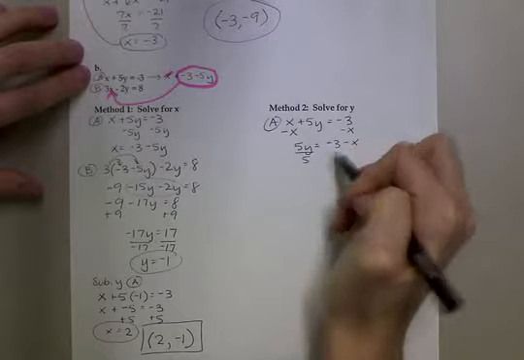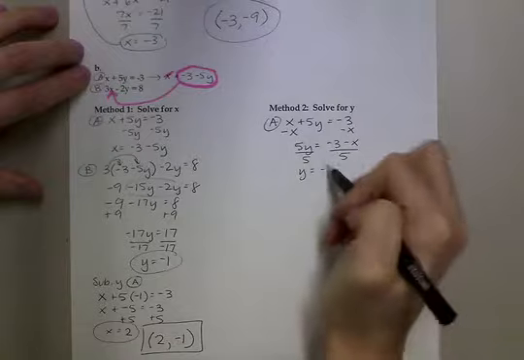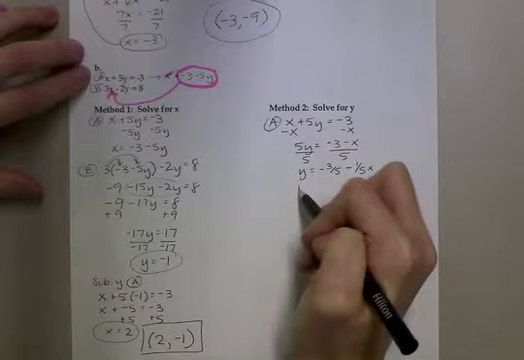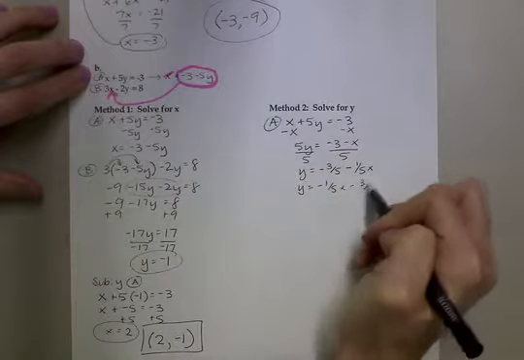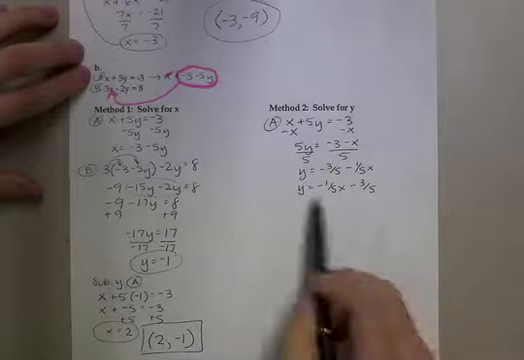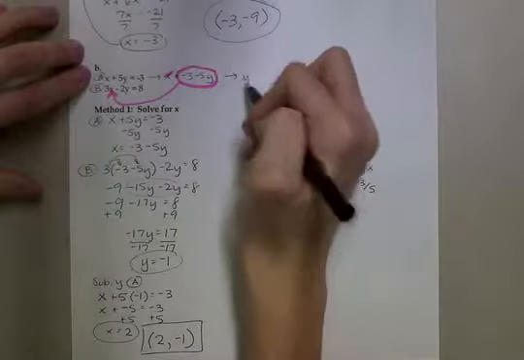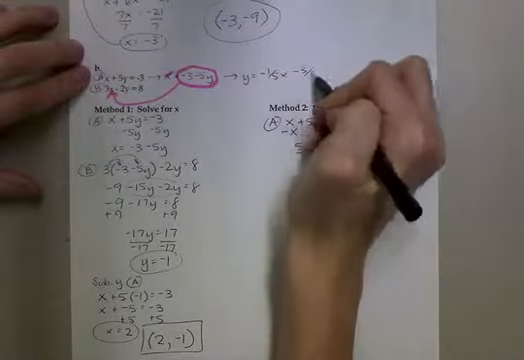Divide through by 5. Y is equal to, well, let's see, -3/5 minus 1/5 x. And we can rewrite it as -1/5 x minus 3/5. All right, so now we know in our first equation, y is equal to negative 1/5 x minus 3/5.